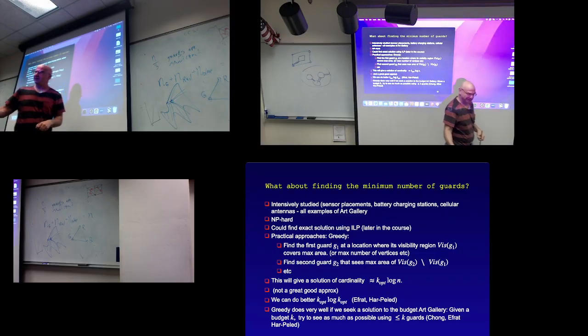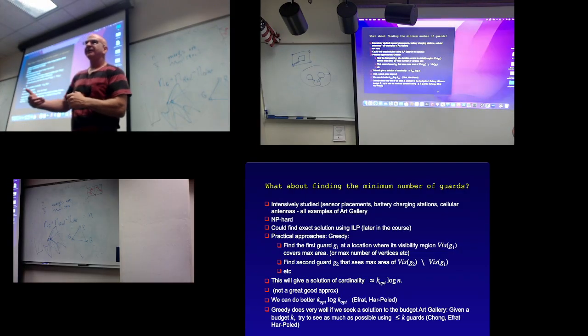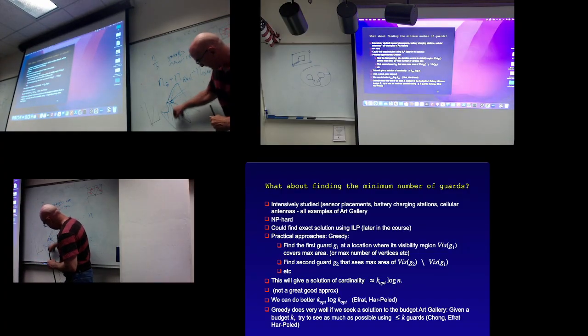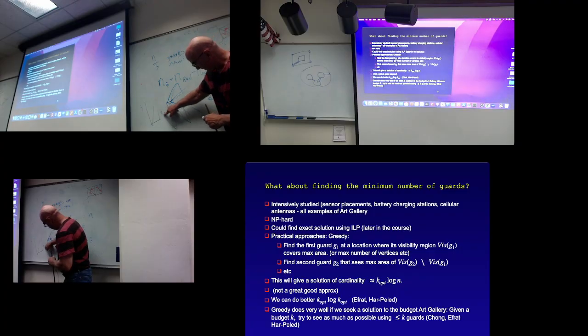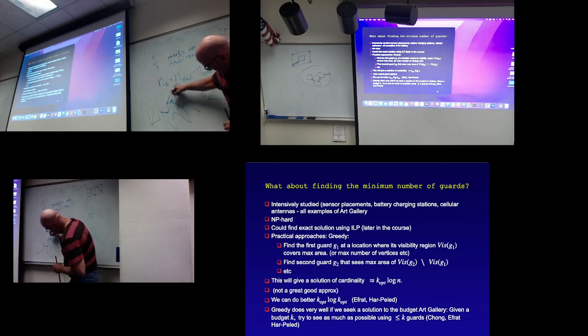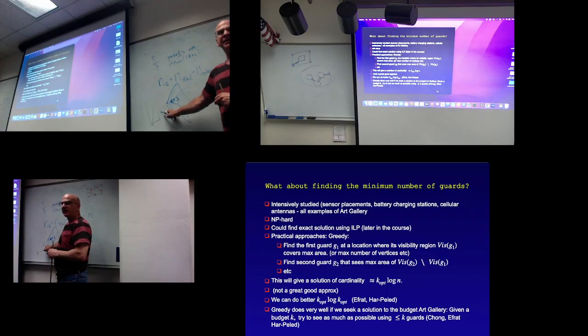I want to maximize the new area that the second guard sees. Right? My first guard in this example doesn't see into this different piece of this polygon. This guard, G1, does not see anything here.